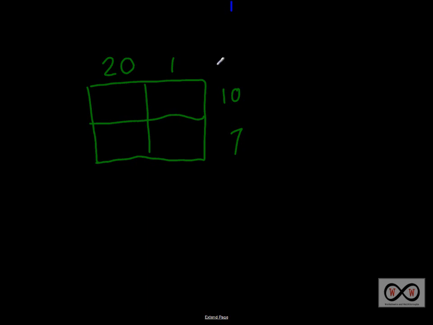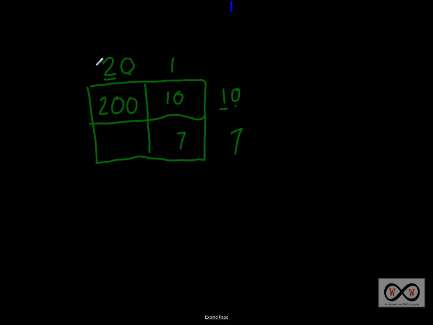So now we can multiply. 10 times 1, well, that would equal 10. 10 times 20, well, we've got our basic fact of 2 times 1 would be 2. And we're dealing with tens here, so we can tack on these 2 zeros. And that would equal 200. If you're thinking that, good for you. 7 times 1 would equal 7.